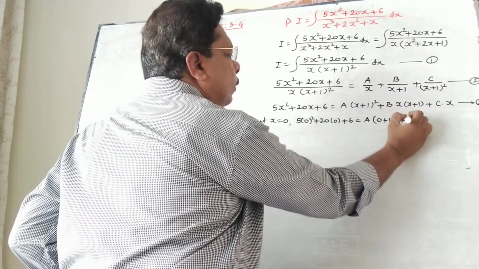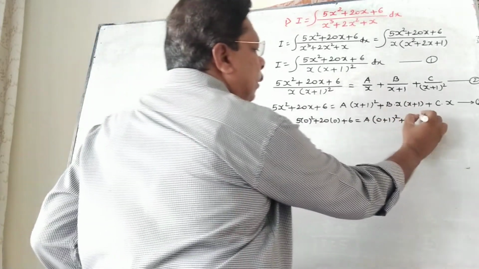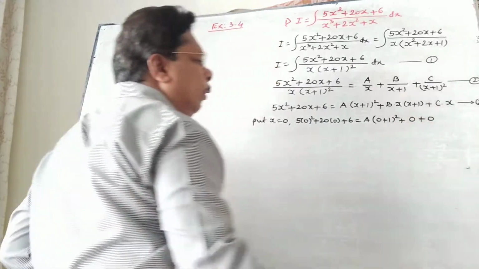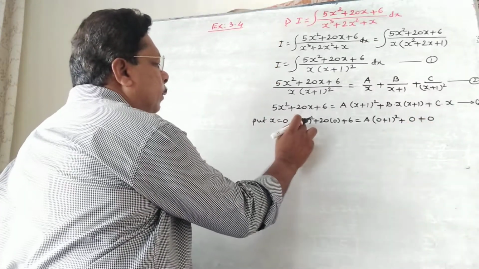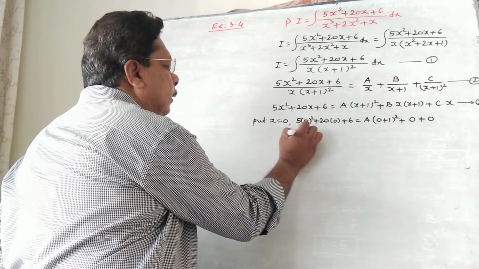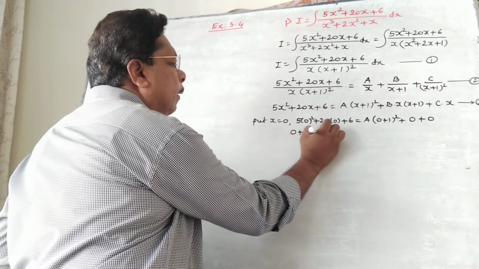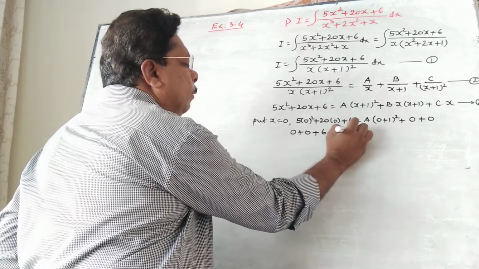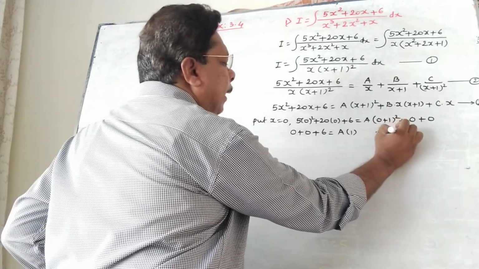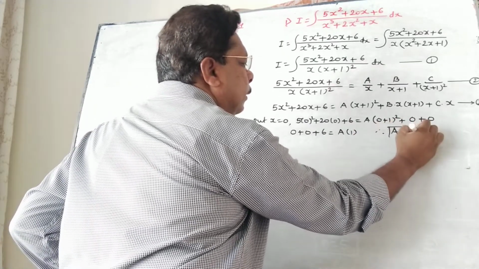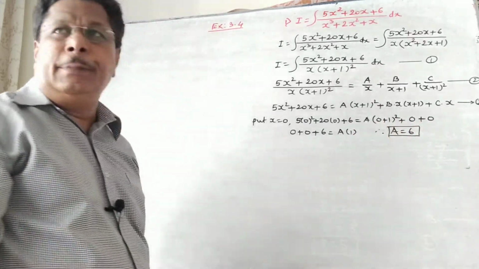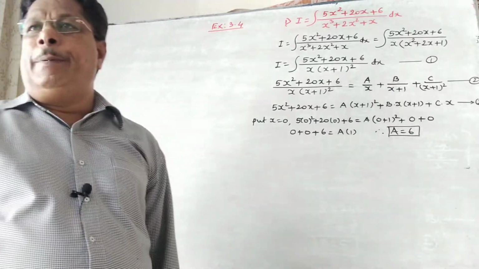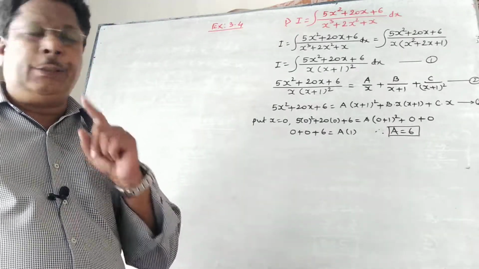The B term, B into 0, is 0. The third term is also 0, C into 0 is 0. So this becomes 0 plus 0 plus 6 equals A into 1 square, which is A. Therefore A is equal to 6. You will get the value of A. Here the value of A is 6.